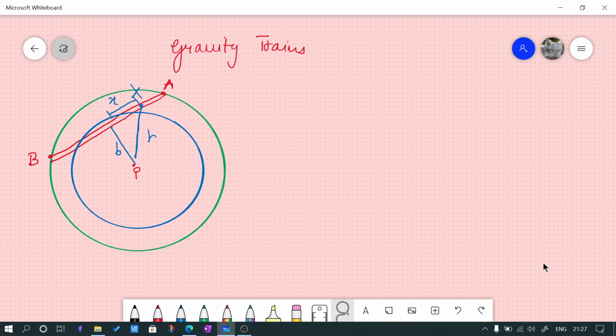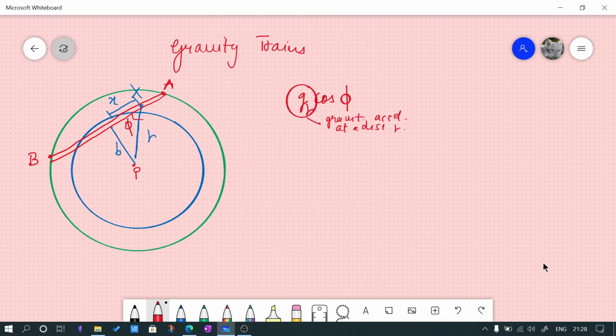Assuming this angle is phi, the force acting on the point mass particle is g_r cos phi. g_r is the gravitational acceleration at a distance r from the center of the Earth.